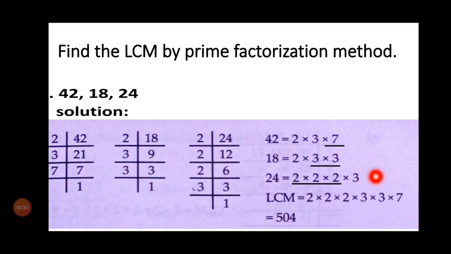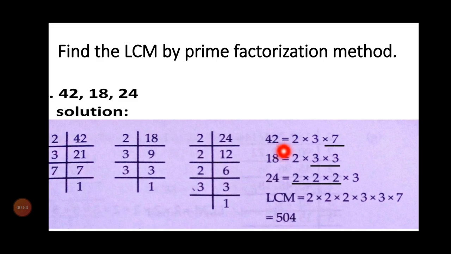So write all the factors. In LCM, first you check all those factors. What are the different factors we have here? 2, 3, 7. So totally 3 factors. First we are going to go with the 2. Which number has the maximum number of 2s?